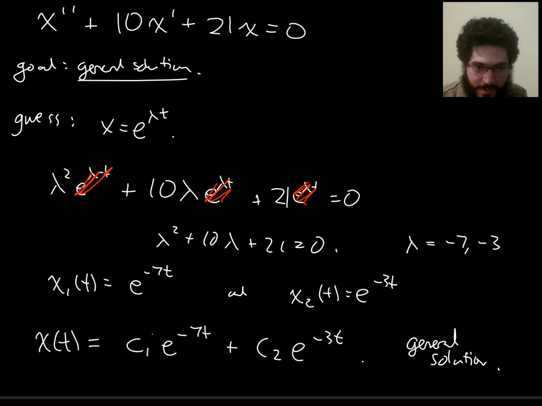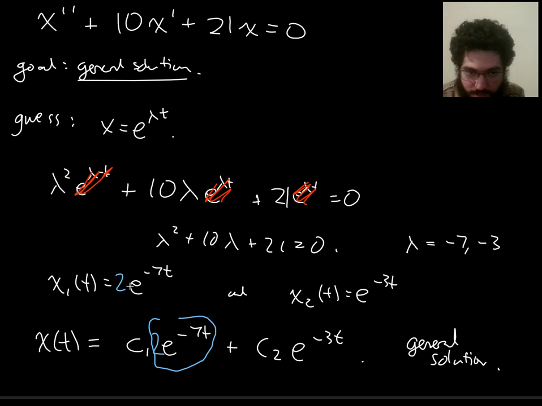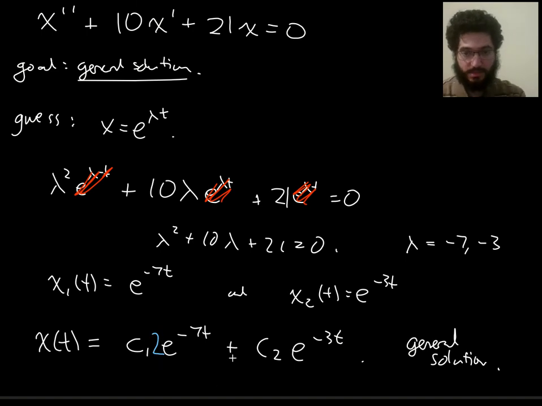If I multiply this by 2, this is still a solution. If I just chose x1 to be 2 times this, that would be a solution, and it's still linearly independent to this solution. So it's still true by all the general theory that this, with the 2 thrown in there, is still a general solution. So that should be marked correct, but it's not marked correct.